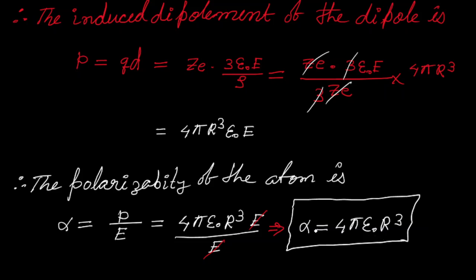From there you can see that alpha is actually proportional to the cube of the radius of the atom. So if we have a larger atomic number, the radius will be more, and then the polarizability of this atom will be more. If we have a smaller atomic number, then the radius will also be less, and in this case polarizability will also be less.